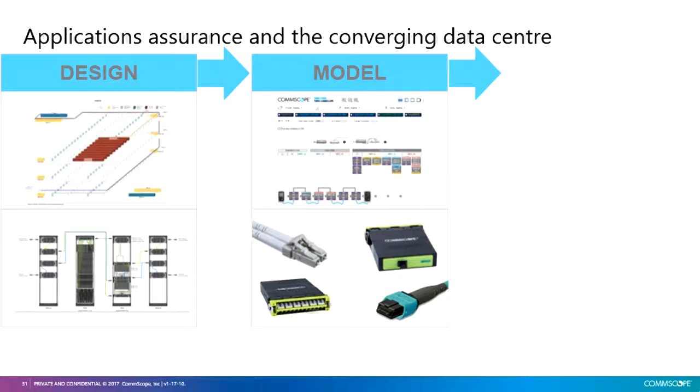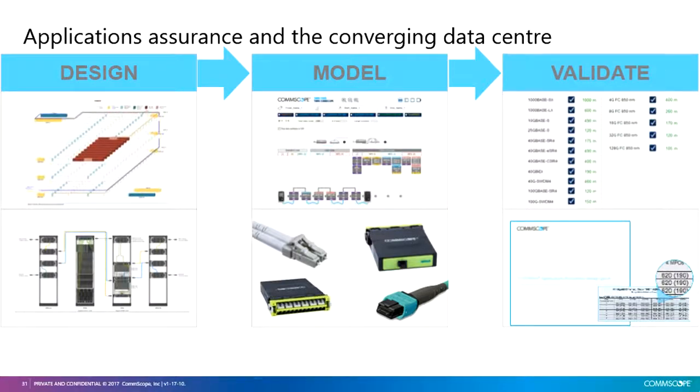Ideally, the next step includes a manufacturer modeling tool that can predict the end-to-end channel loss budget based on the channel length and the components selected, which is the fiber performance calculator. Finally, the result from the calculation can be used to validate the supported application, or to iterate the process and change the architecture and components selected if required.